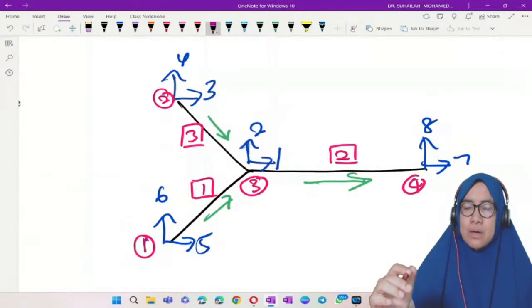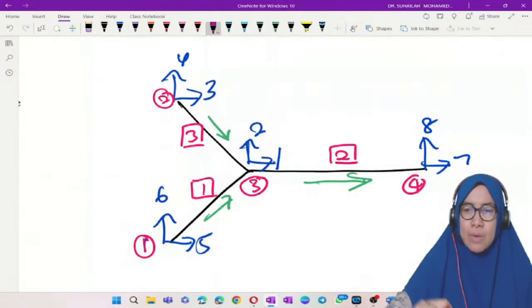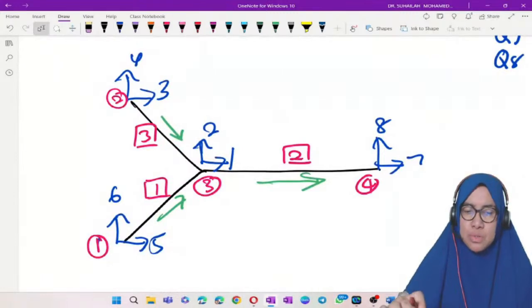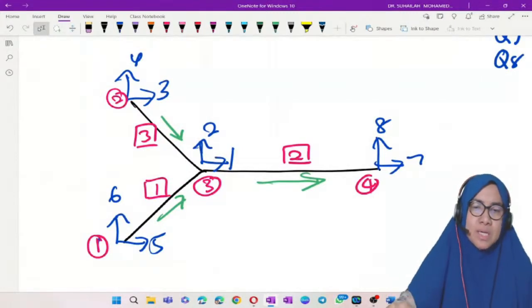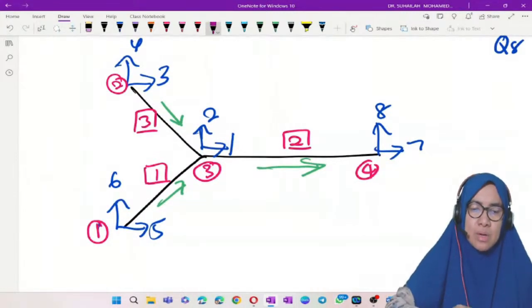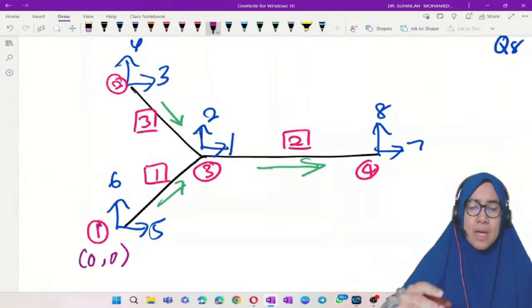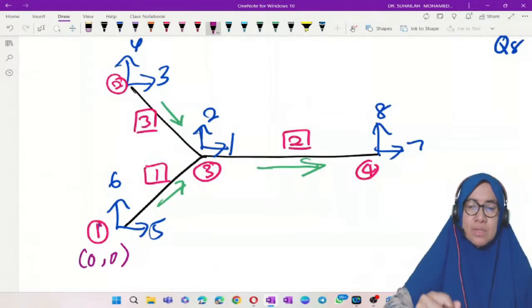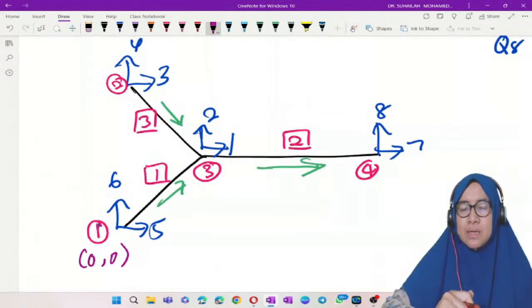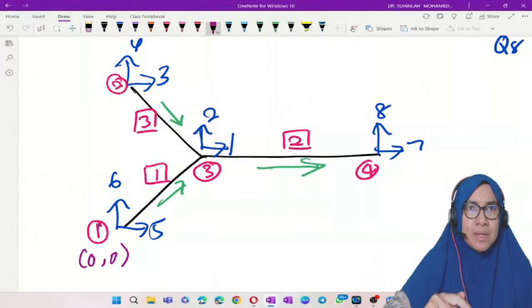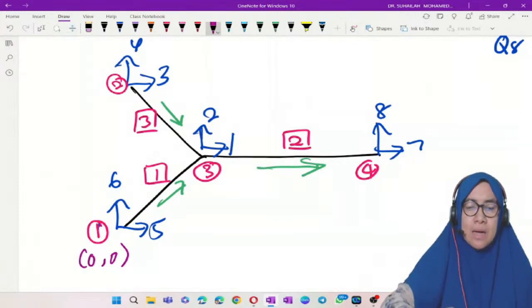To label the coordinates, normally we choose one node as the origin. Let's say in this case node number 1 is the origin, so this will become 0, 0. And from this origin, we have to label the remaining nodes.